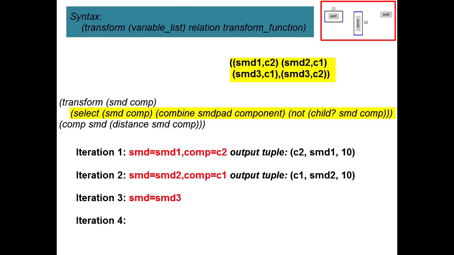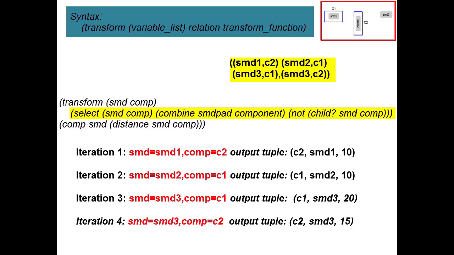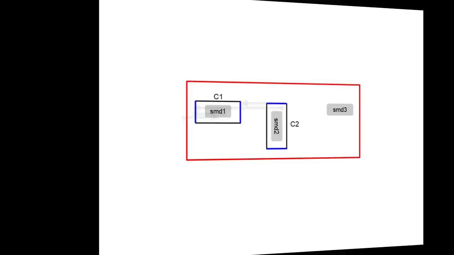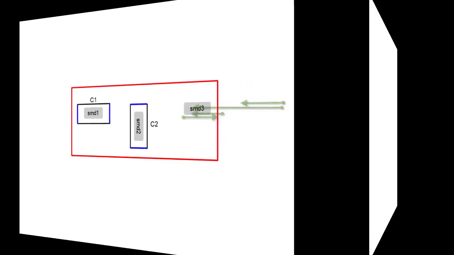As we iterate over the rest of the tuples in the input relation, each input tuple will be transformed from order 2 and type SMD pad component to tuples of order 3 with type component SMD pad number, where the number is the distance between the first two constituents of the tuple. This type of relation will be useful for checking SMD pad to component spacings in a design.